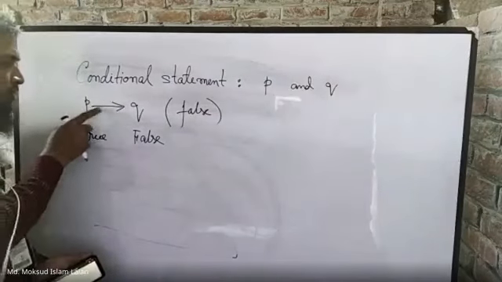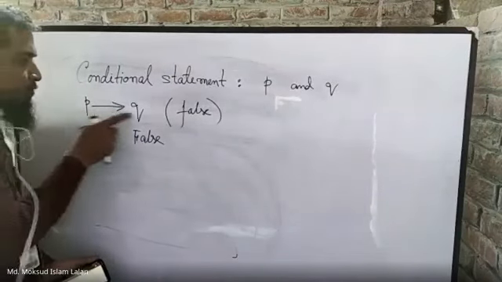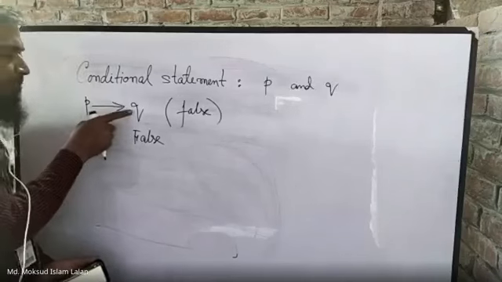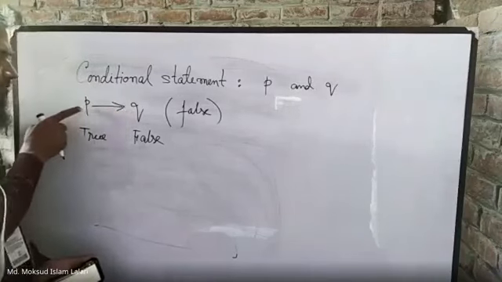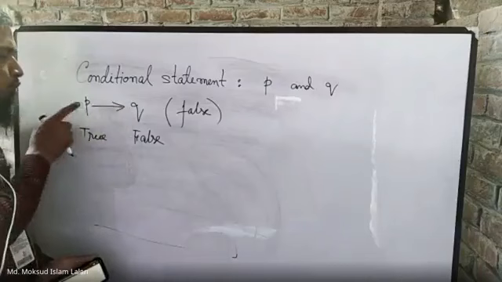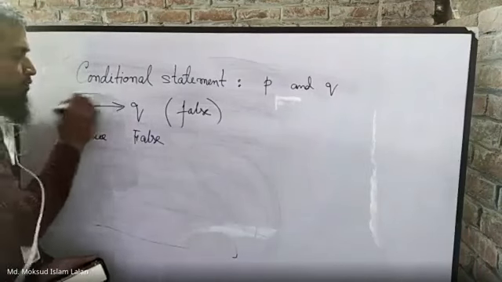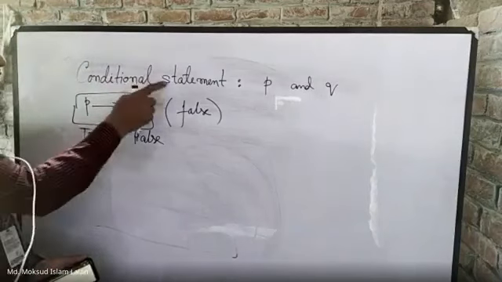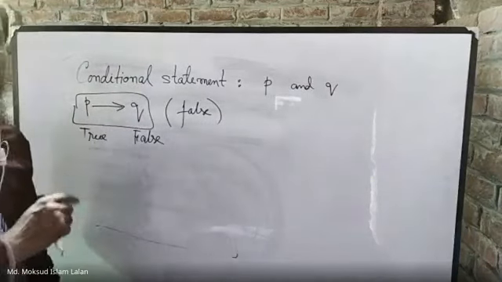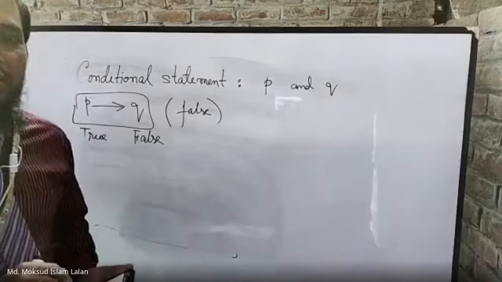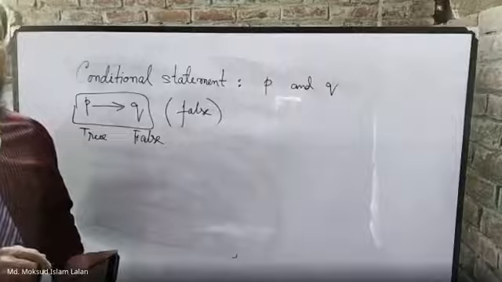So P conditional Q, P tends to Q, P implies Q. This whole thing is a conditional statement, I mean a proposition. Sir, I can't see the sign, it's outside of the board. Would you please rotate, or use your auto rotate option.